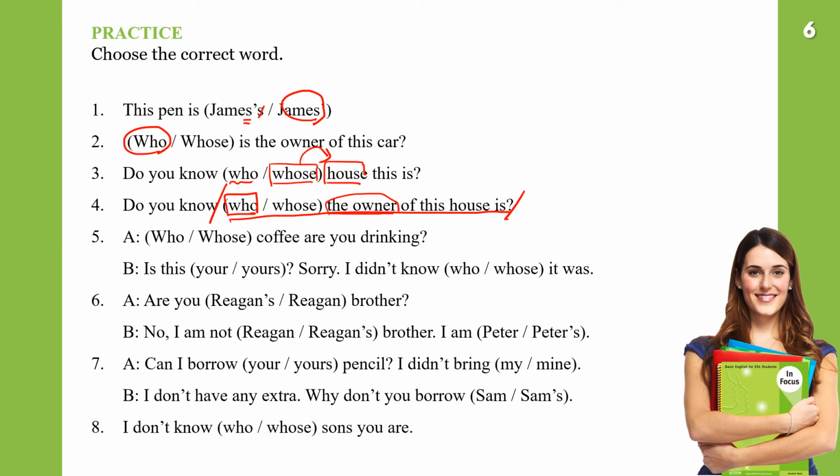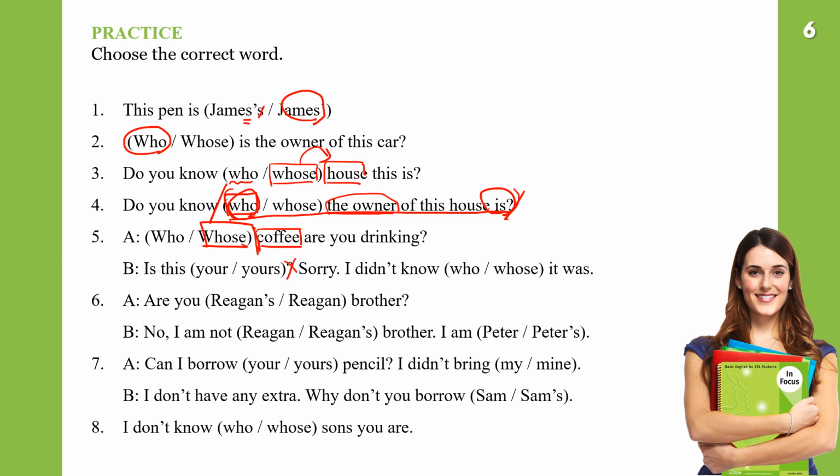But when the sentence becomes an object and it becomes a clause, the word who stays here, but the verb goes to the end. Coffee. So this is something to describe. So instead of who coffee are you drinking, you say whose coffee are you drinking? Is this your or is this yours?